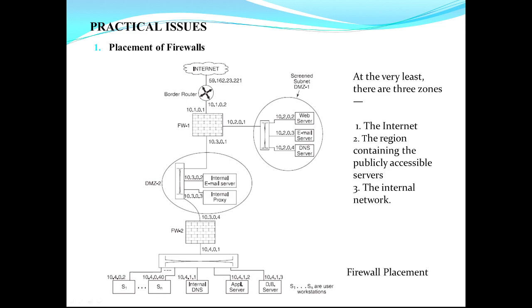What is the meaning? You can see firewall 1 has one connection coming from 10.1.0.1, one is 10.10.201, there is 10.301, three interfaces, right? So when a firewall has more than two interfaces, they are referred to as multi-homed.